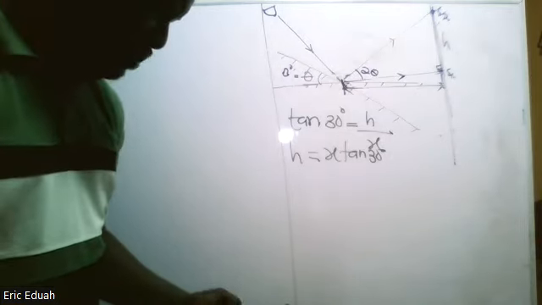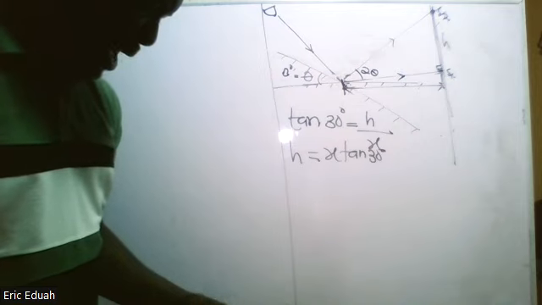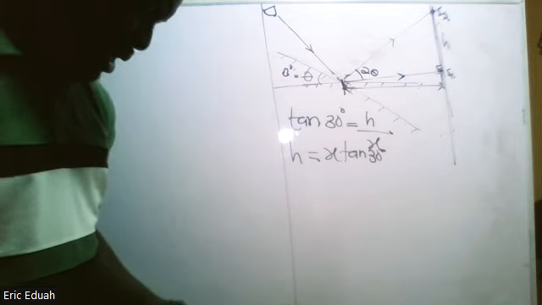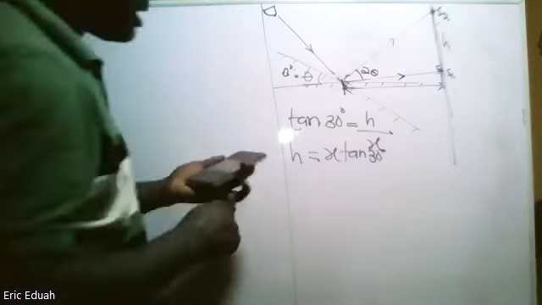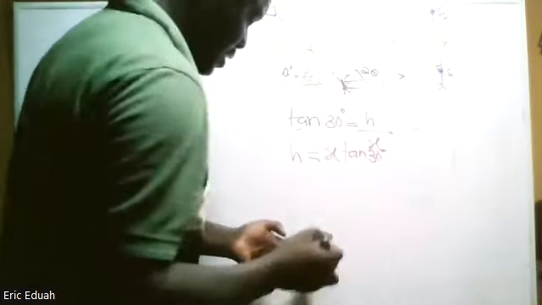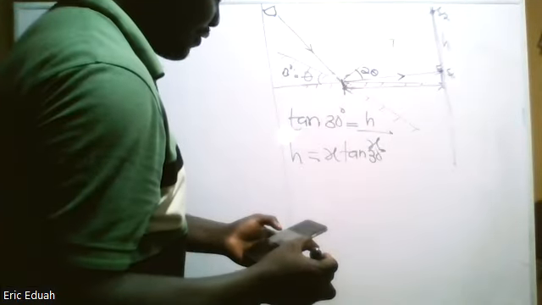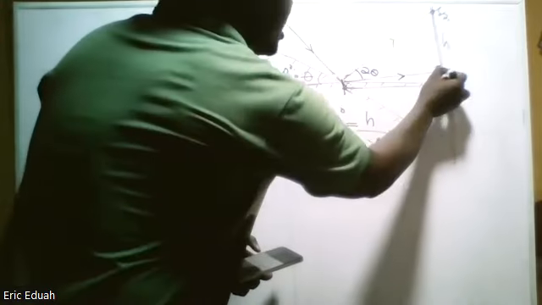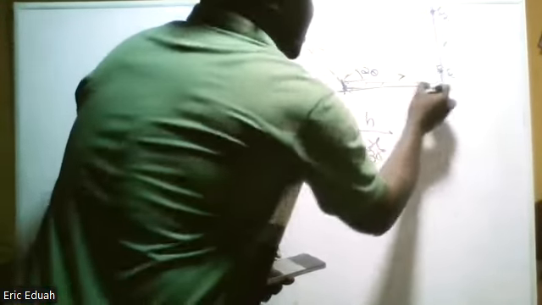If the distance between the mirror and the old spot, this is the first spot, is 7.3. So this distance is 7.3.